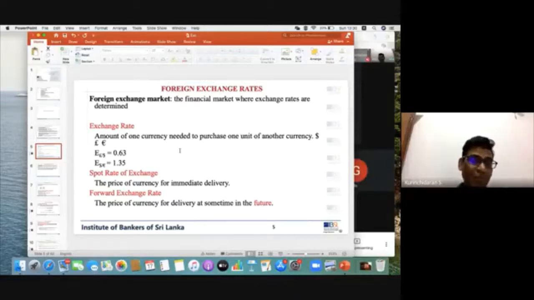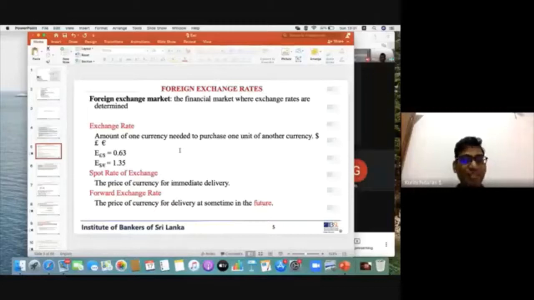So if you give $1, definitely you are going to get below 1 sterling pound. You can recheck that if you know the current exchange rate pattern, to reconfirm your idea, because it's always changing.